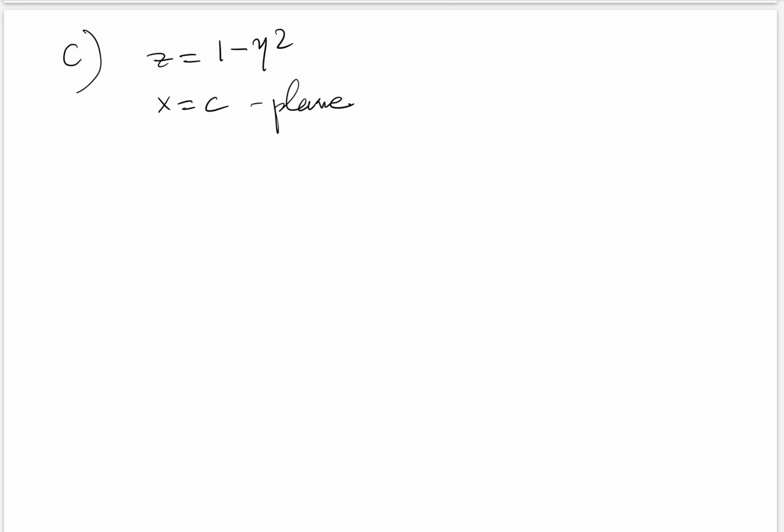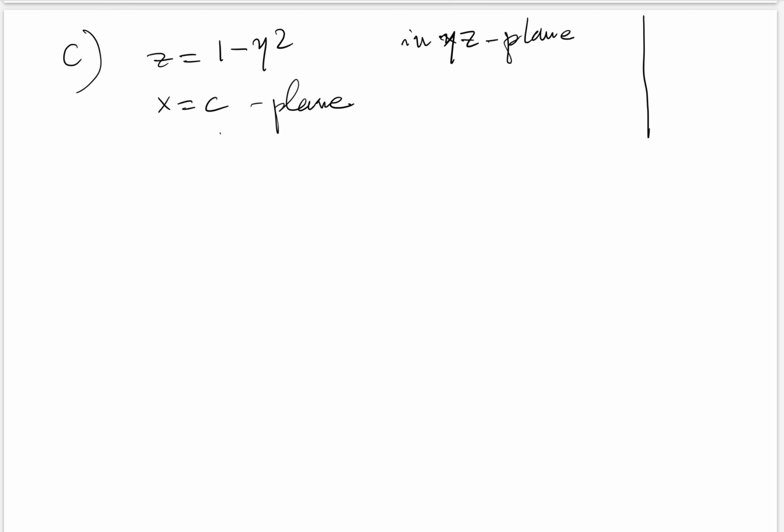First, you have a function of Z in terms of Y. So how does it look, without thinking about three dimensions, just in two dimensions, in the YZ plane. Okay, let's graph in the YZ plane first. I advise you to do that.